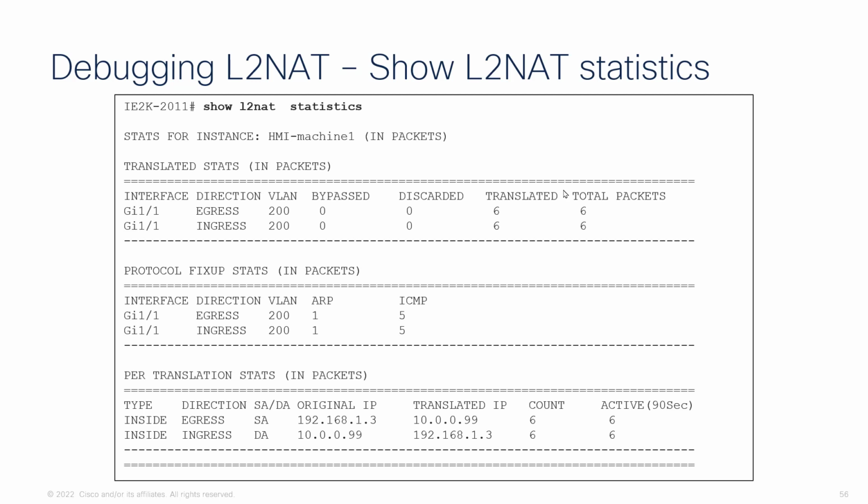I didn't show everything, but I wanted to focus on the fact that it does show ingress and egress, as well as ARP and ICMP, packets translated, packets not translated, packets bypassed, and you can clear this. So if you have to make a change to your configuration and try again, you can clear the layer 2 NAT statistics. This is pretty useful in figuring out if the rules in your layer 2 NAT instance definition are working.